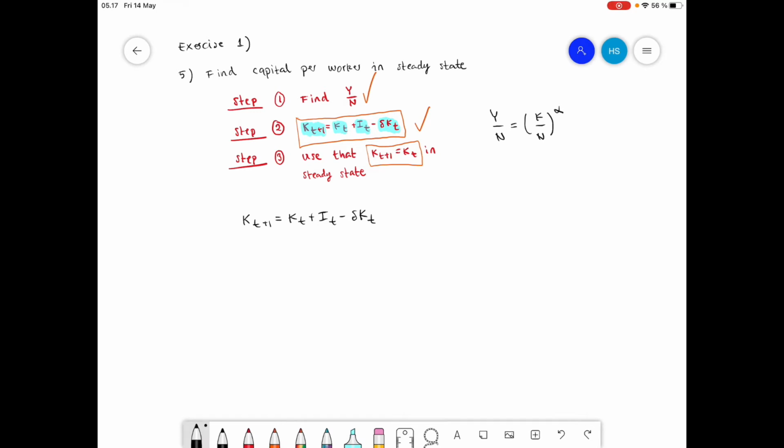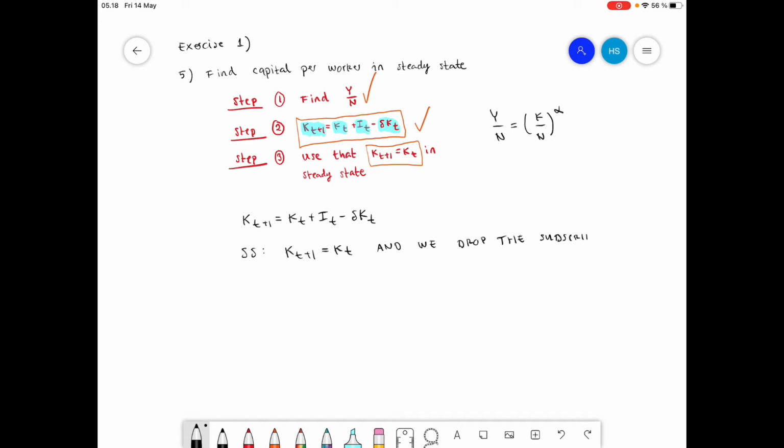So we impose this. Since we are in steady state, we use that K_{t+1} is equal to K_t, and we drop the subscripts because we do not care about the timing in steady state, because everything is constant from one period to another in steady state.